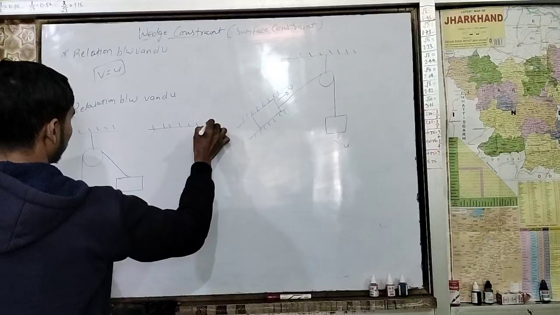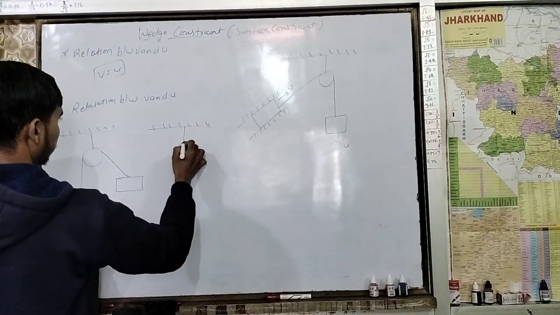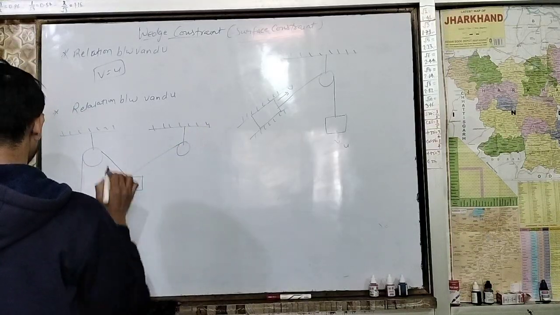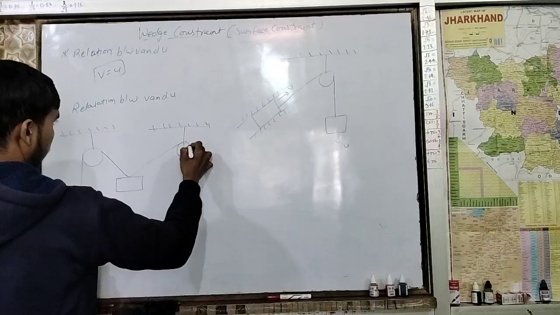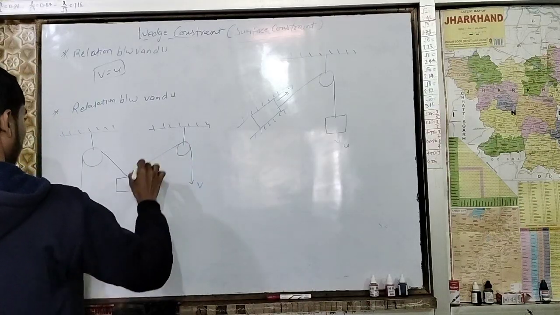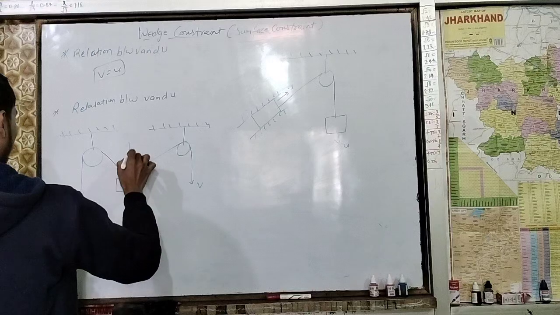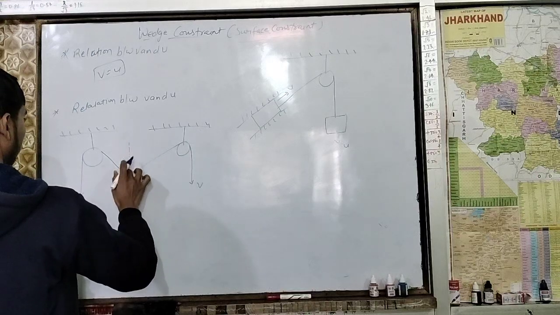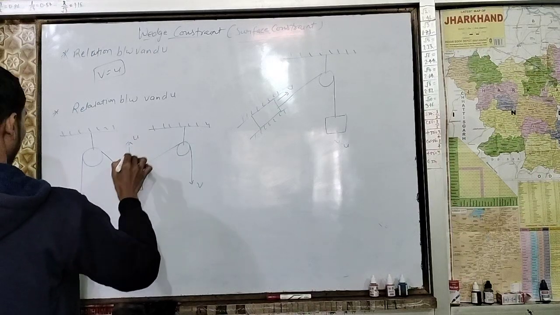Another pulley, which is also fixed, is taking the same block, and another string is going downward with the same velocity. So upward will be U.